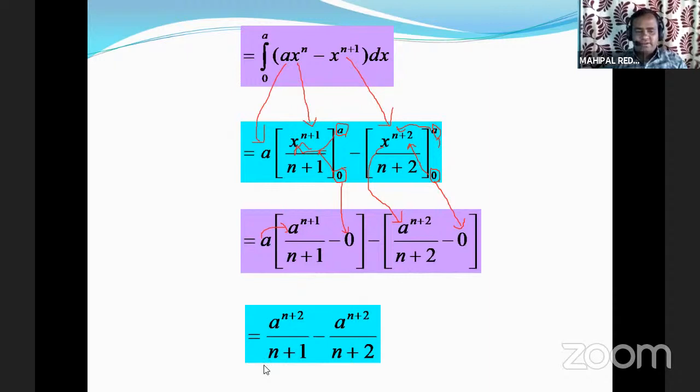So both are now, what is common here? A power n plus 2 is common in both the terms. And the denominator of the first term is n plus 1 and of the second term is n plus 2. So these are unlike fractions. Find the LCM.